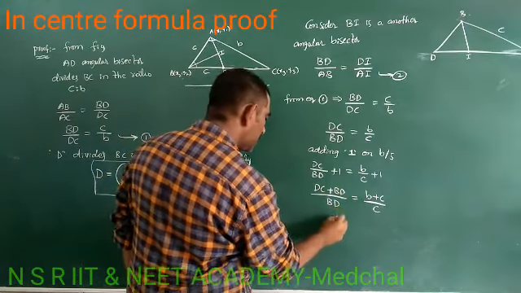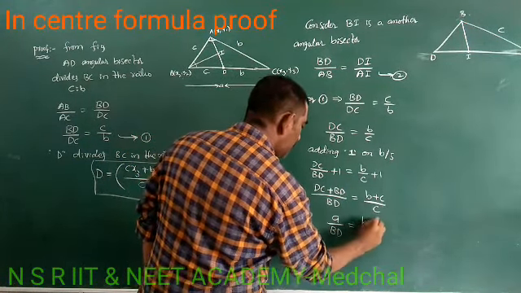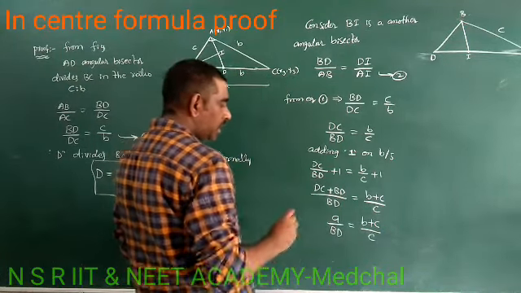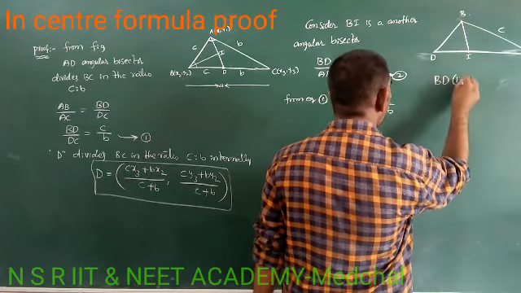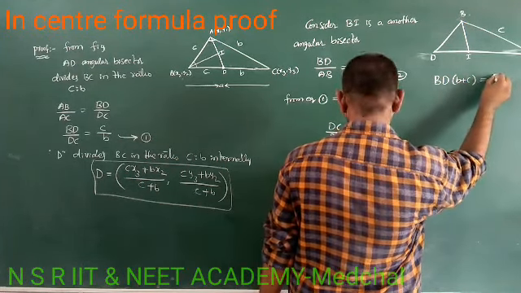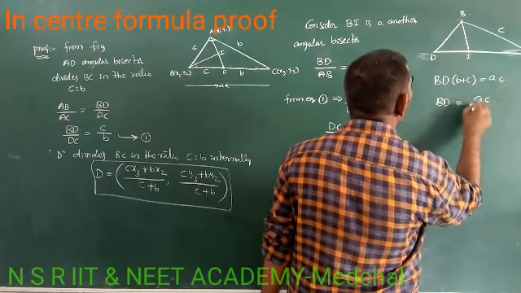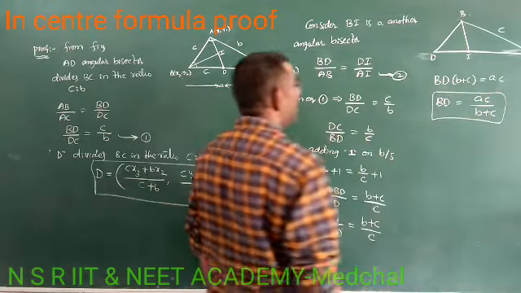So we can write A by BD equal to B plus C by C. Cross multiply: BD times B plus C equals AC. So BD is equal to AC by B plus C. So we get the value of BD.